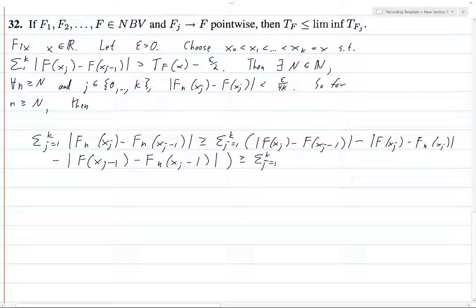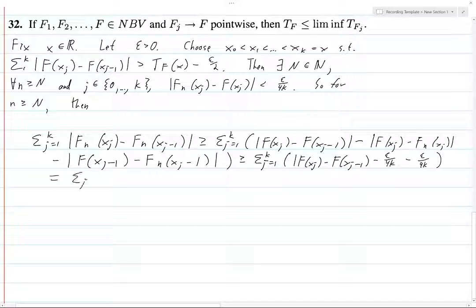So we have the sum from j equals 1 to k, and we keep this first thing here. Then we replace these other things, which are all less than epsilon over 4k, and since we are subtracting them, we have the greater than, so things are going in the correct direction. But then what is this?